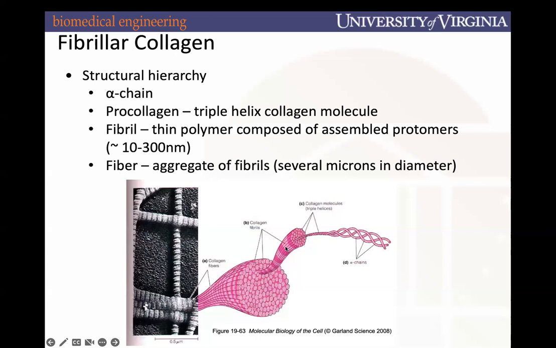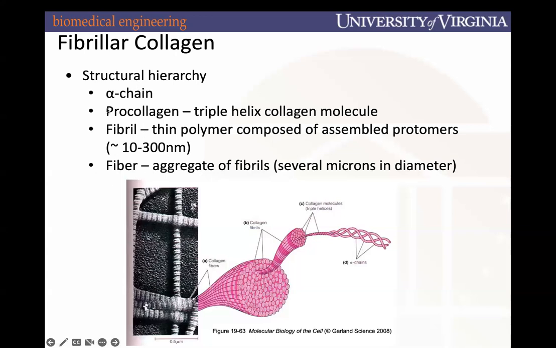Then those fibrils will laterally associate together to form a collagen fiber, which is on the order of several microns. Cells, in particular fibroblasts, have an approximate diameter of about 30 microns, and so when they're moving across and grabbing onto our ECM, they're doing that at a collagen fiber level.